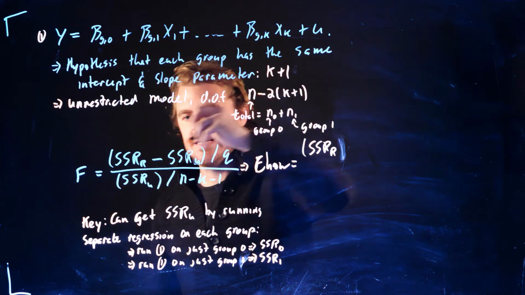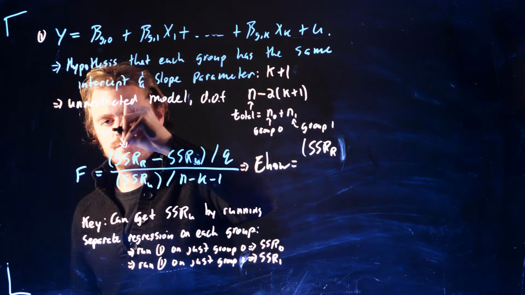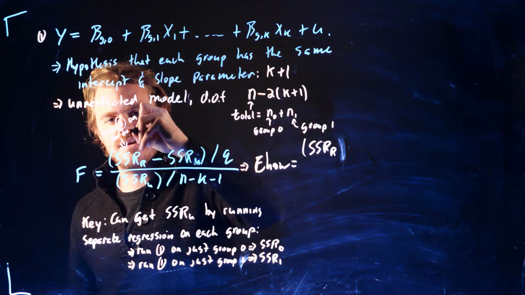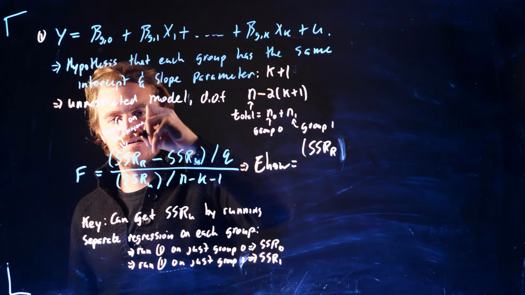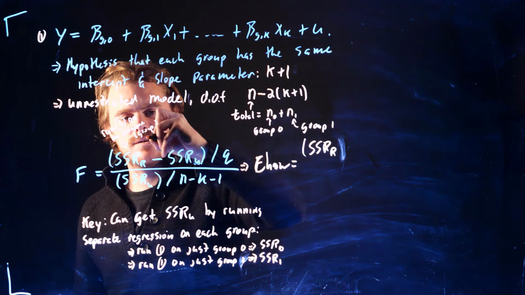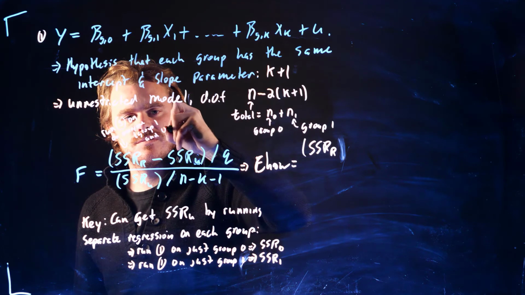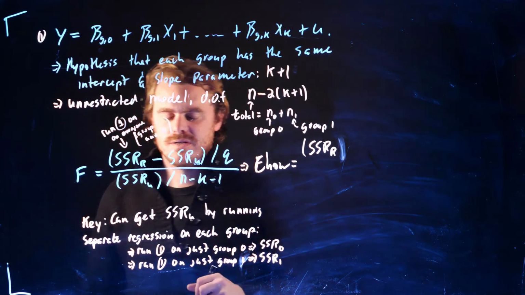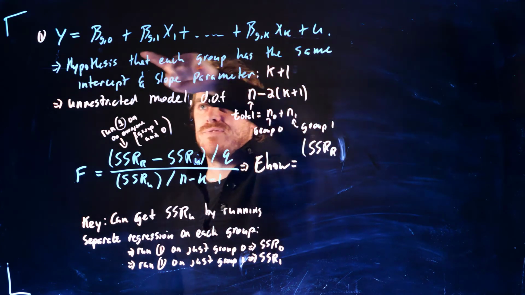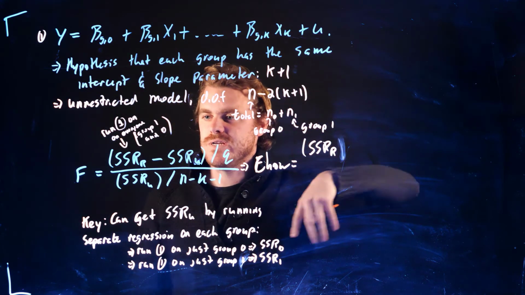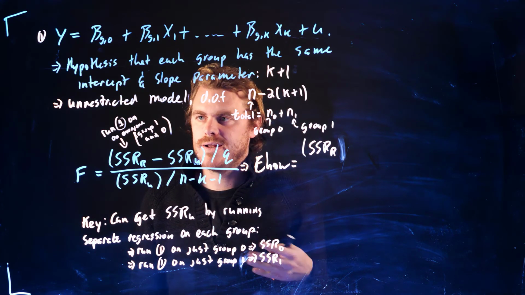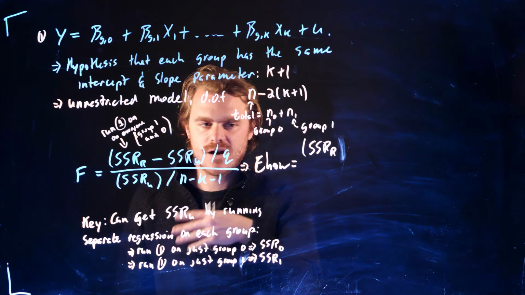So to get this, we're going to run 1 on everybody, both group 1 and 0. To get the sum of squares, that's the restricted one. We're making them all have the same intercept and slope. So we just run that regression with everyone in our sample, both group 1 and group 0, to get the SSRR.